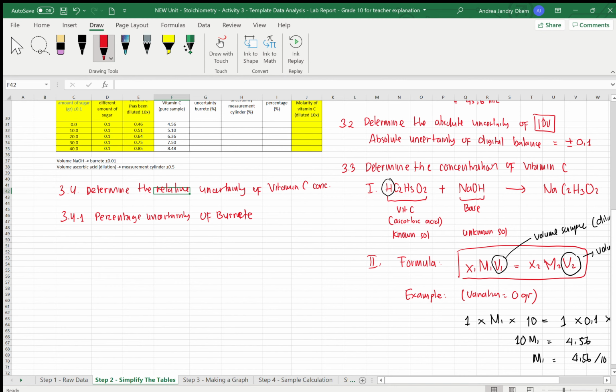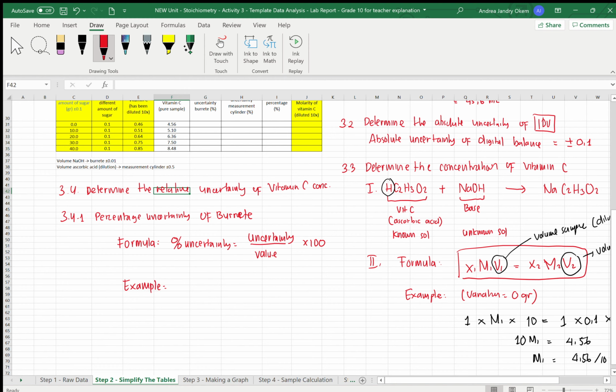Now, like I taught before, we need to put the formula first. What is the formula? I have already explained to you before how to find the percentage uncertainty of a certain tool. We can use the uncertainty, divide it by the value, and then multiply by 100.